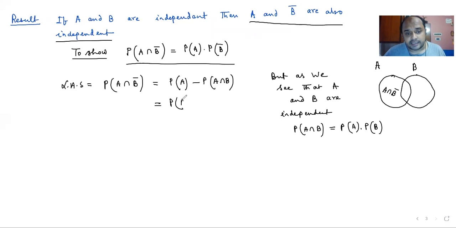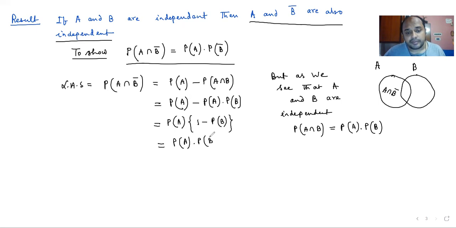So we can write it as probability of A minus probability of A into probability of B. And if I take probability of A common, we get 1 minus probability of B. And that is nothing but equal to probability of B bar. Just see, we have got our right hand side.